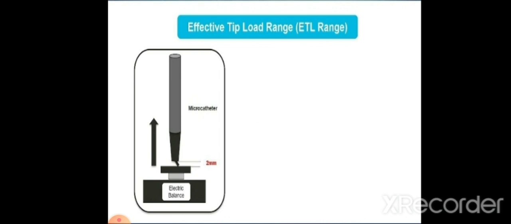so you now have a scaled tip guide wire. So imagine that a microcatheter tip has reached the far distal 2 millimeter of the guide wire.